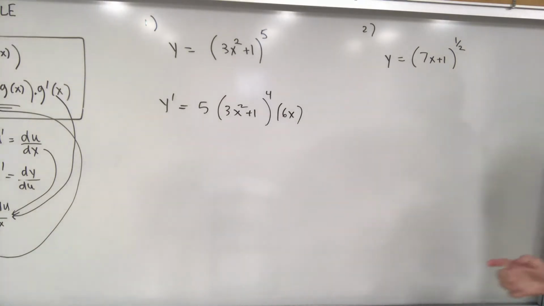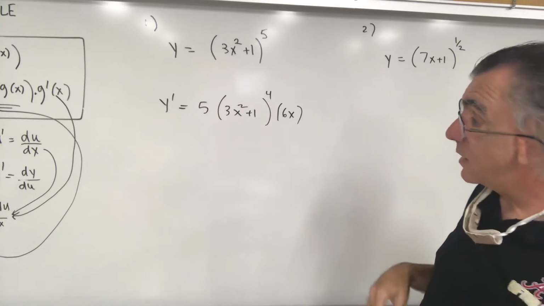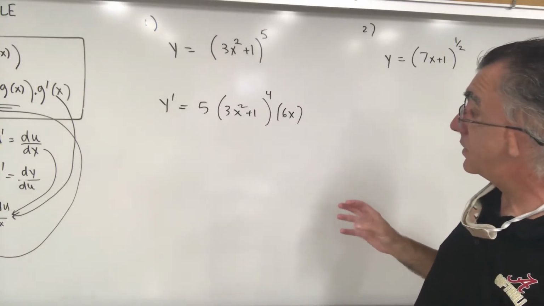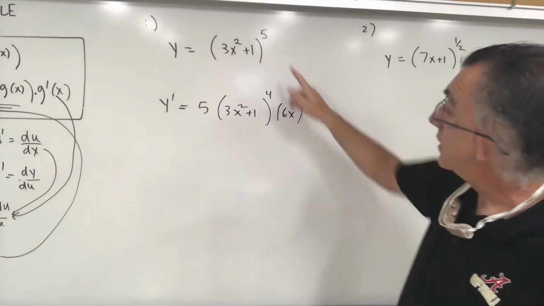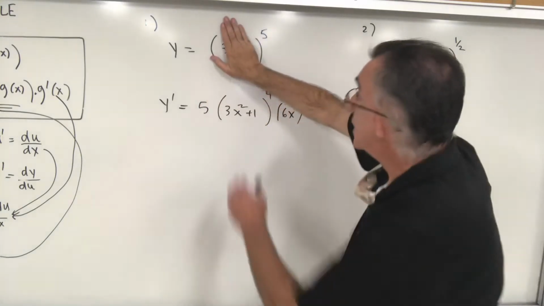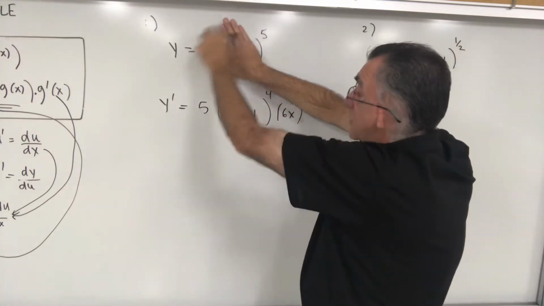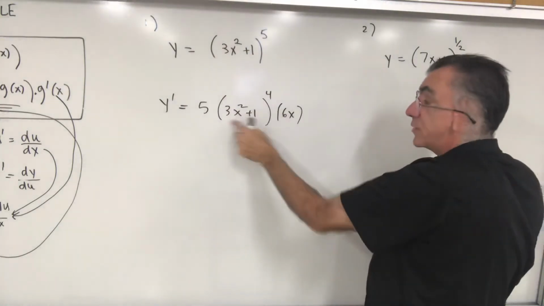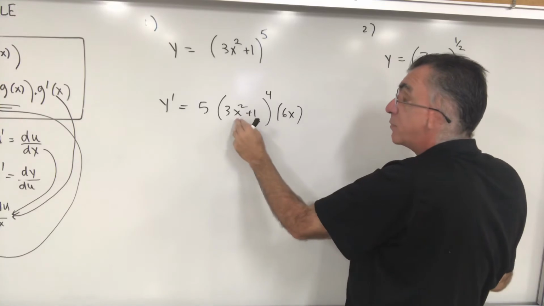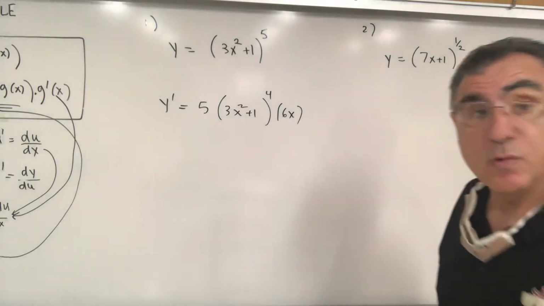I'm not going to simplify these because I want to leave them in the formula state. So you do the derivative of f of x. F of x is x to the fifth, but there's a g in it. So it's going to be 5x to the fourth, but there's a g in it, and then you have to remember to multiply by the derivative of whatever's inside. And that's what we call the chain rule.